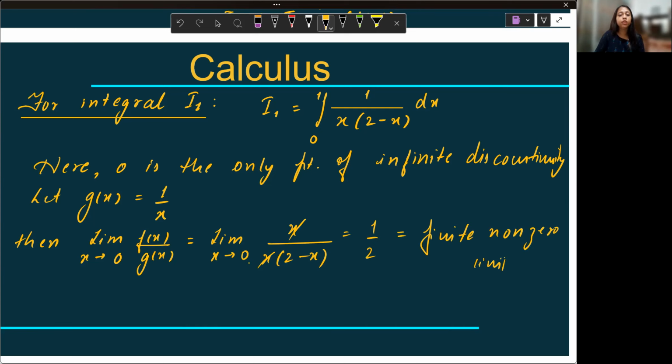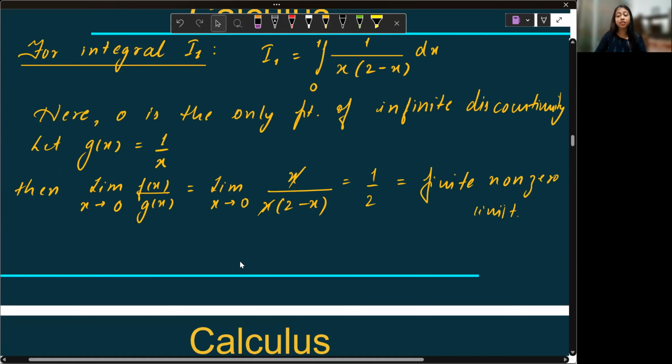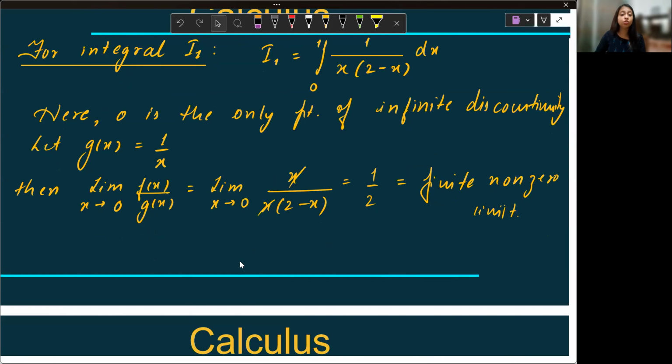When we have the limit of f(x) by g(x) as a finite non-zero limit, then by the comparison test, both the integrals, integration of f(x) and integration of g(x), behave alike. So whatever is the nature of the integral of g(x), that will be the nature of the integral of f(x).